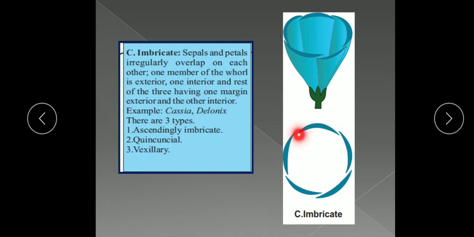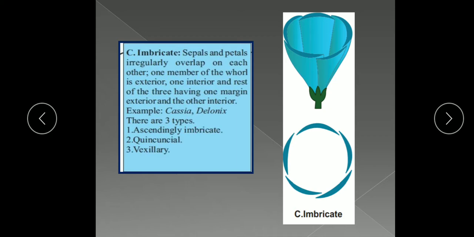You can see its margins are on the inner side, and in this petal or sepal, margins are outside. So one is exterior, one is interior, and the rest of these three have one margin exterior and the other margin interior. Understood, children? This type of arrangement is known as the imbricate arrangement. This is seen in Cassia, Caesalpinia, Delonix. These are the examples of imbricate estivation.